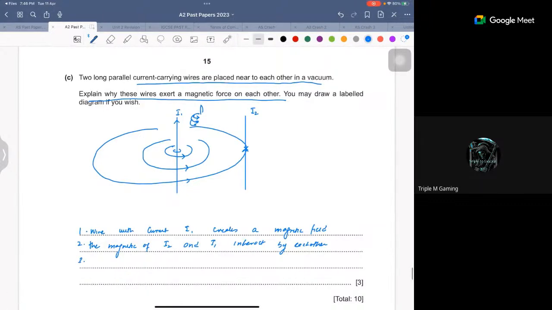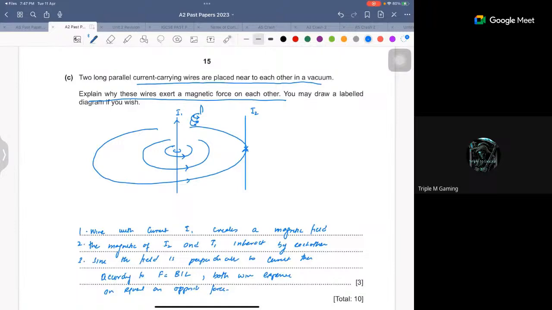Number 3: since the field is perpendicular to the current, then according to F equals BIL, both wires experience an equal and opposite force.